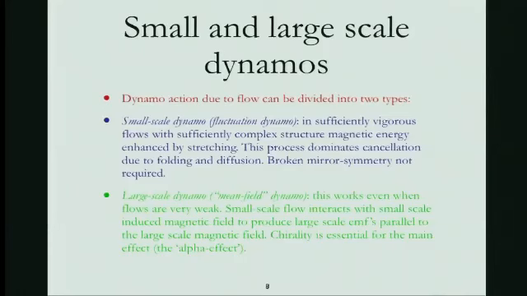So there are two effects going on at the same time, and if you choose your flow correctly, then you can find that the stretching will dominate the diffusion, and you can have growth of the magnetic field. The magnetic field grows on a scale like the scale of the flow, and perhaps even smaller. I'll show you an example.